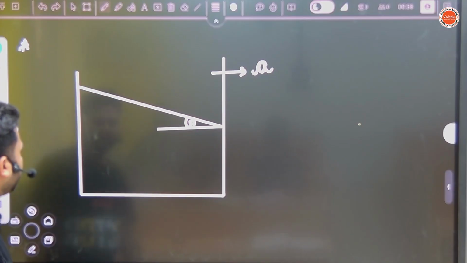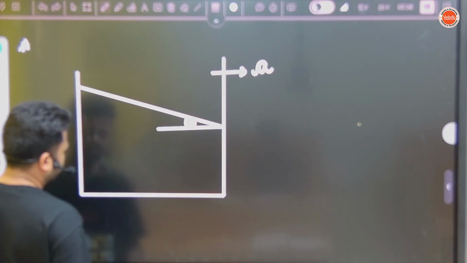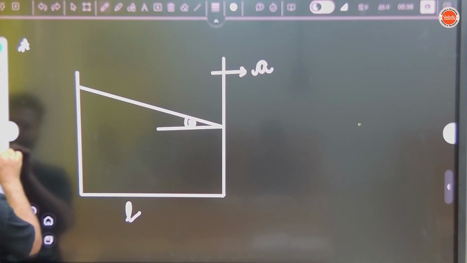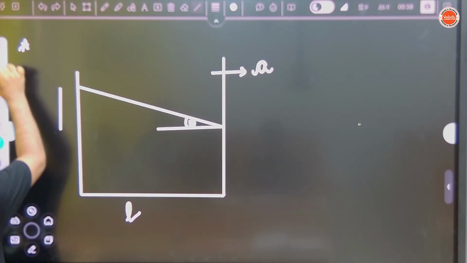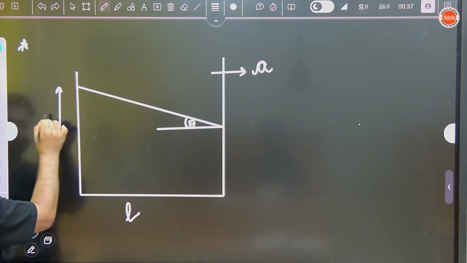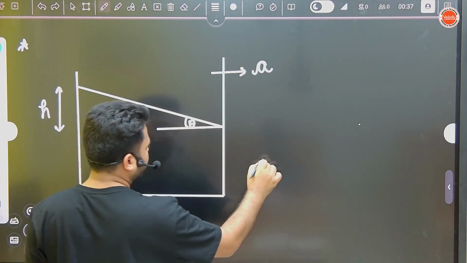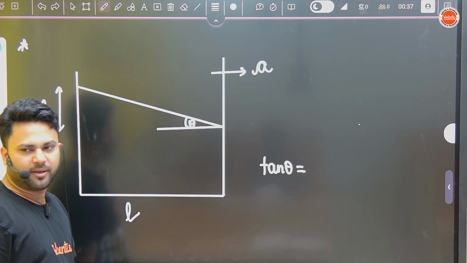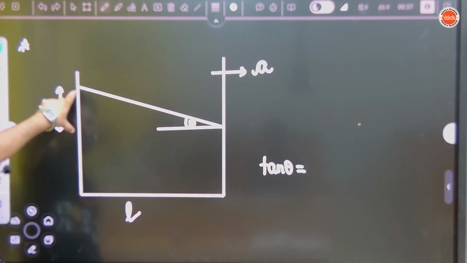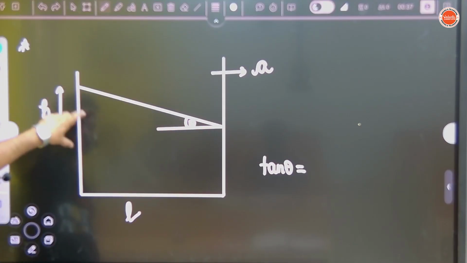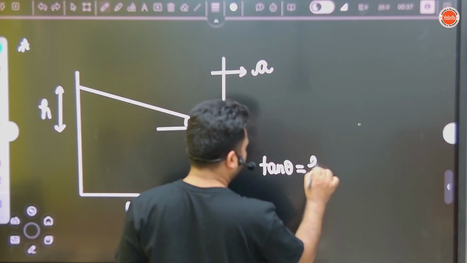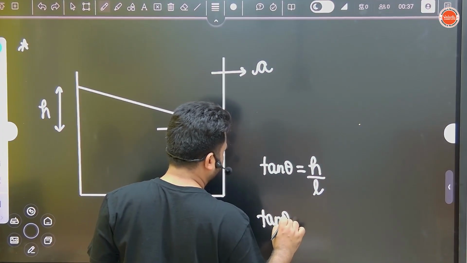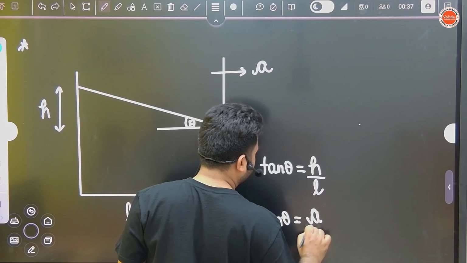Suppose this length from here to here is L and this length is H. So can I write tan theta equals perpendicular by base, H divided by L. And also remember tan theta equals, this comes from derivation, I am not doing it, A by g.